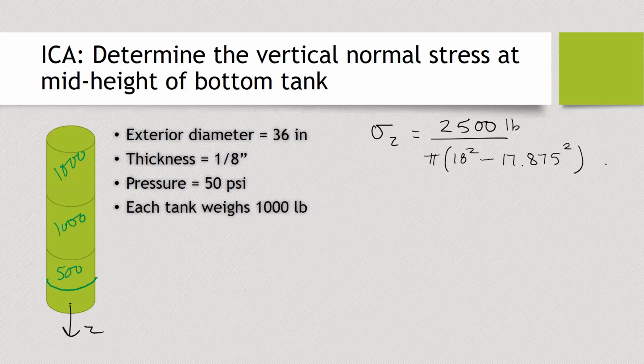Okay, so that would be our force over our area. And so this is due to axial load. Then I have the pressure vessel. So the pressure vessel also gives me a sigma Z. And that is PR over 2T.